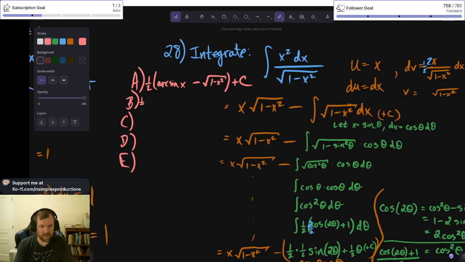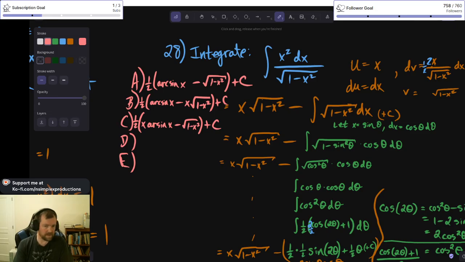B is going to be 1/2 times arcsine of x minus x times root 1 minus x squared plus c. C is 1/2 times the quantity x times arcsine x minus square root 1 minus x squared plus c.